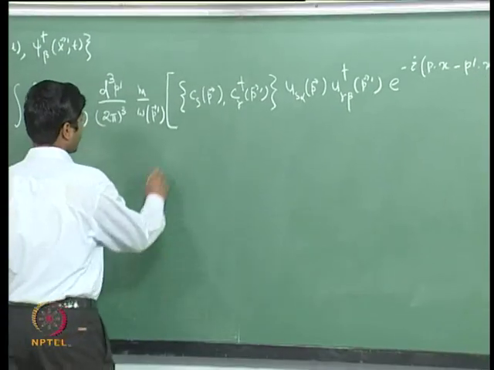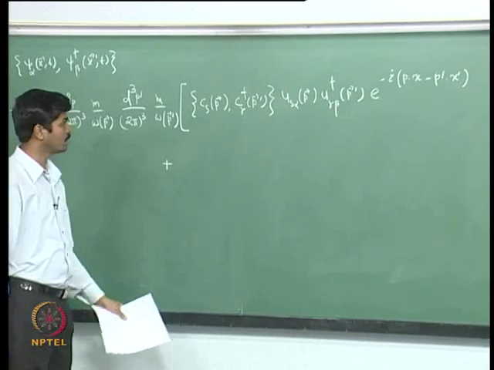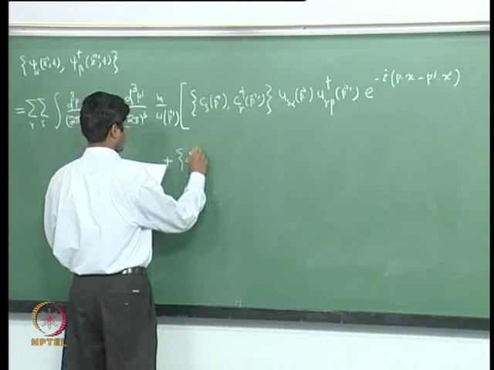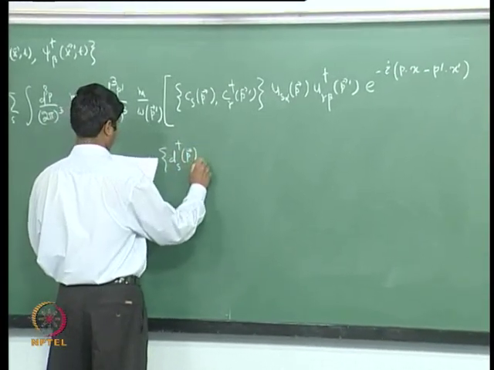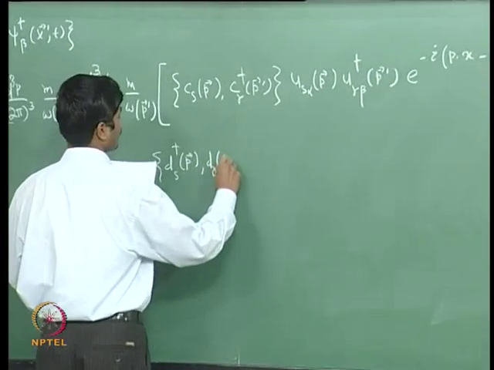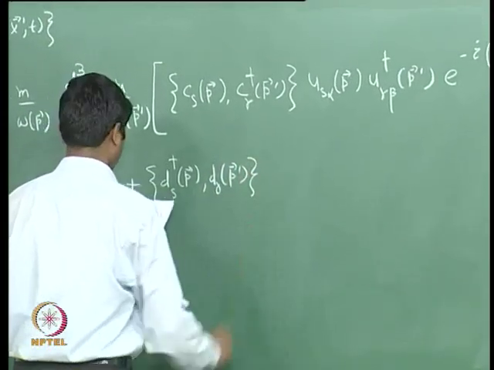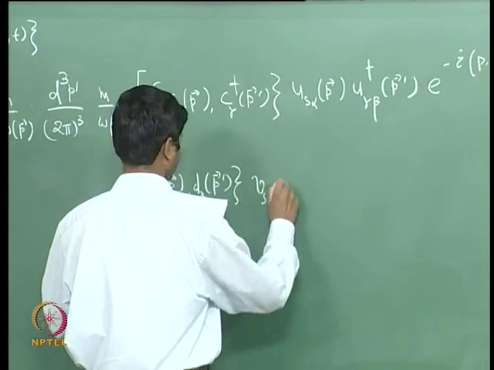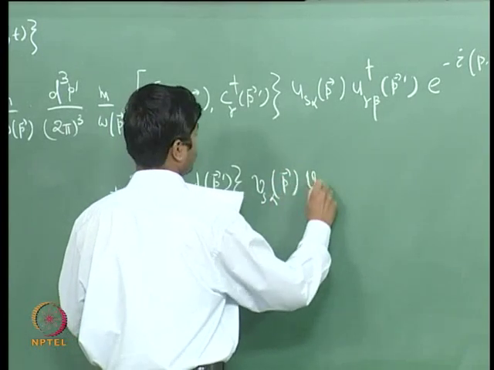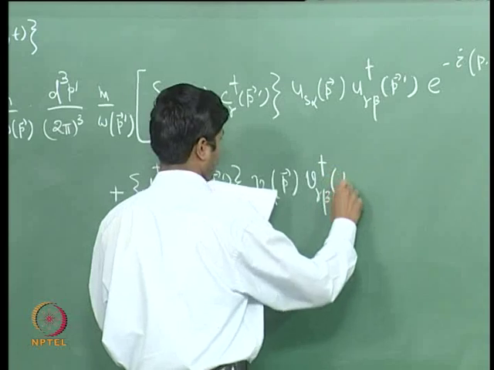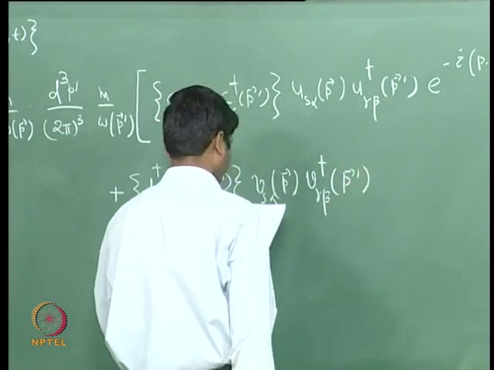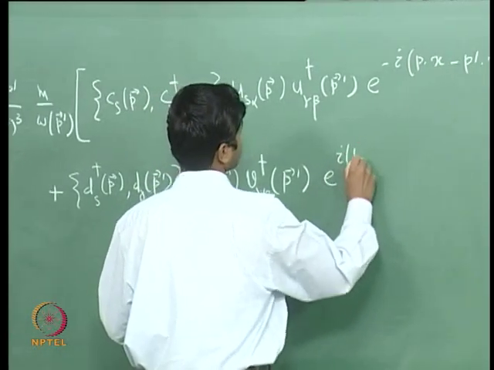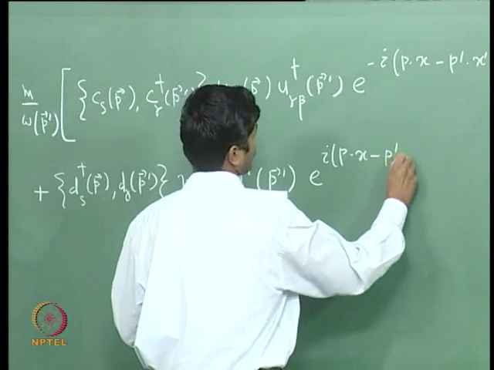and similarly I will have one more term which is given by d_s dagger of p, d_r of p prime, v_s alpha of p, v_r dagger beta of p prime, and then e to the power plus i (p dot x minus p prime dot x prime).